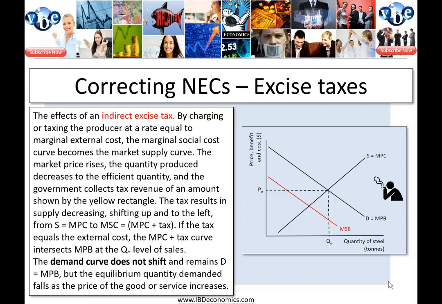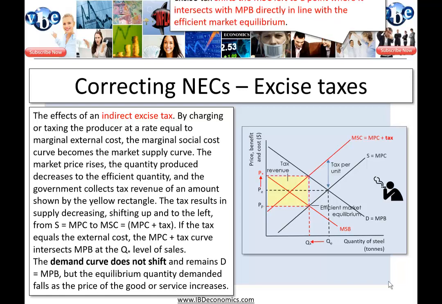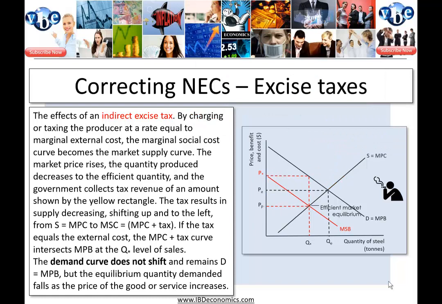Now that tax results in supply decreasing, we get in that tax per unit, supply decreases, marginal social cost equals the marginal private cost plus the per unit tax.